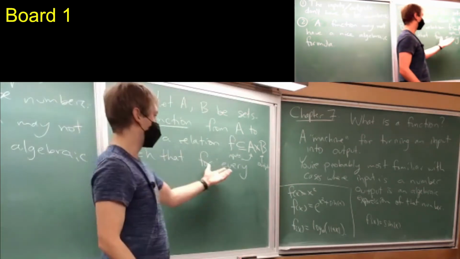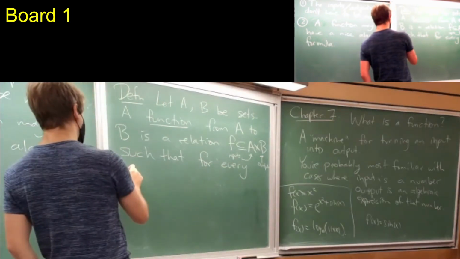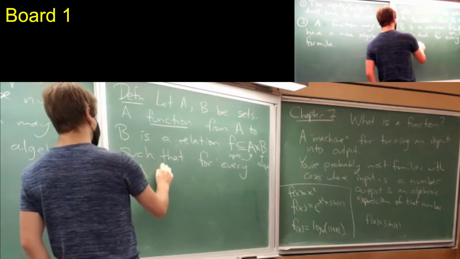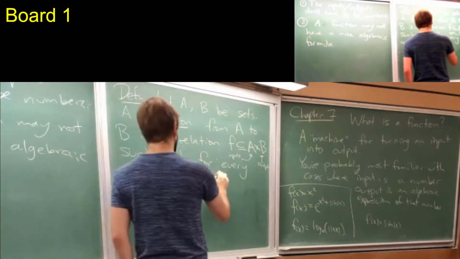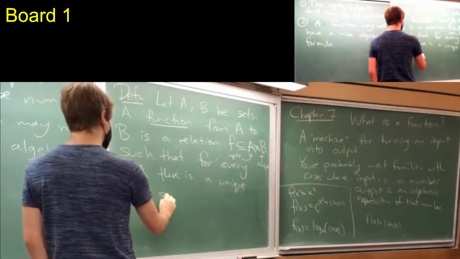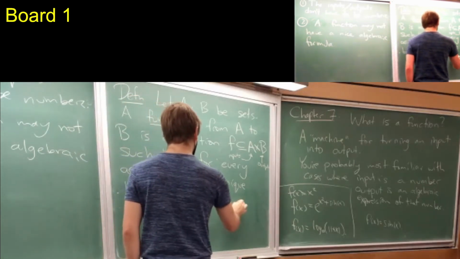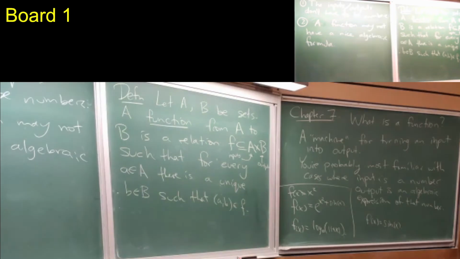And so what I've been saying is that every input has a unique output. So for every a in A, there is a unique b in B such that the pair (a, b) is in the relation f. Okay. So you should think of a function as indicating a relationship: every input is related to its output. Okay.